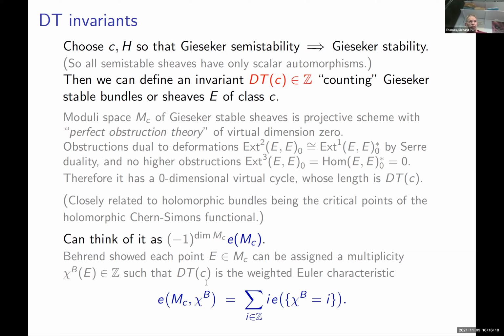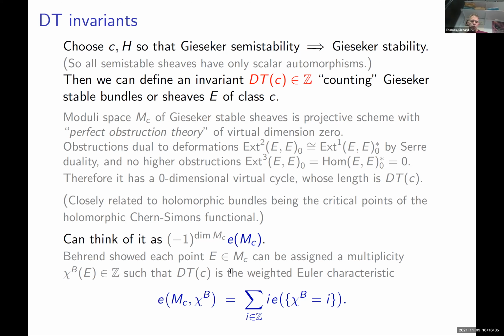So when you take the Euler characteristic, instead of assigning 1 to that fat point, you assign its multiplicity, and you get the length of this Artinian zero-dimensional scheme, as you might expect. And so Behrend showed that the DT invariant is given by this weighted Euler characteristic, where you take the Euler characteristic of the moduli space weighted by this multiplicity function.